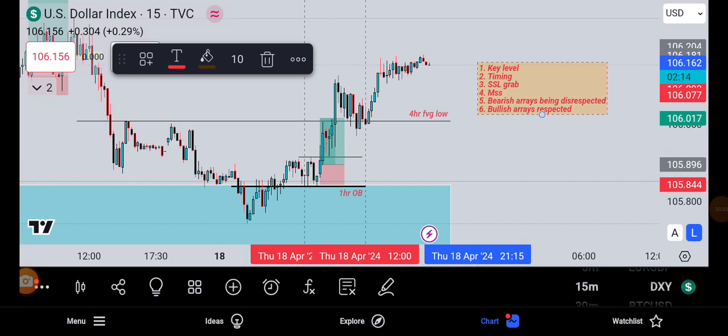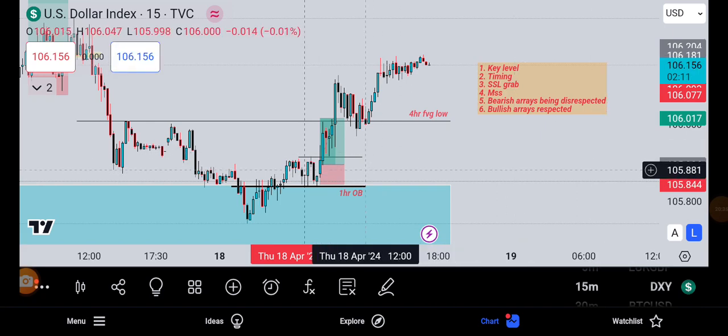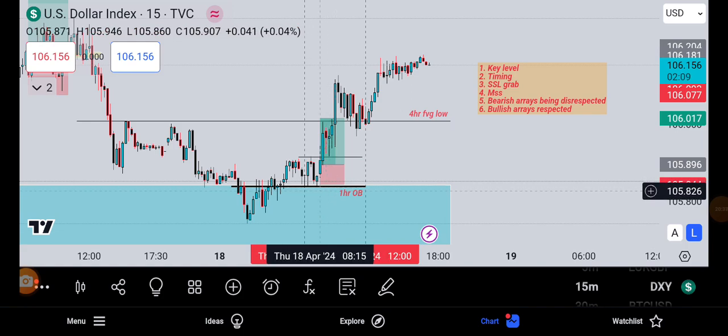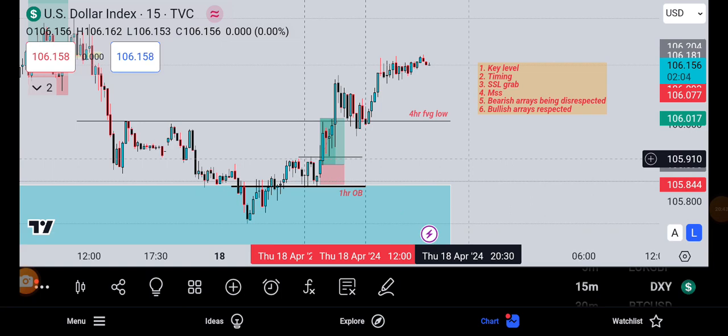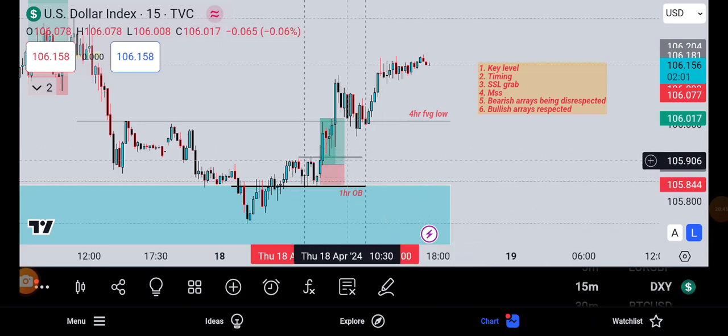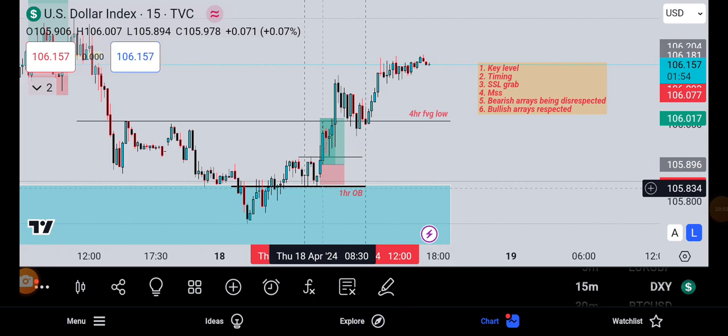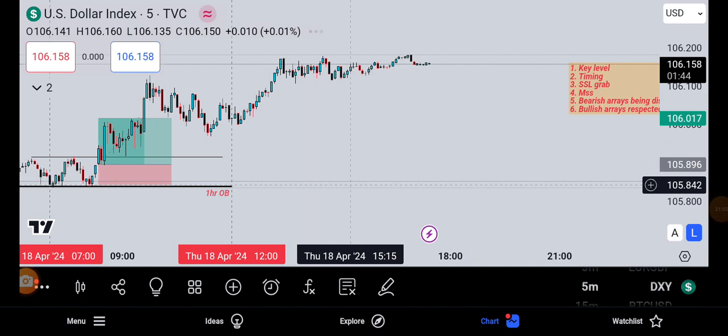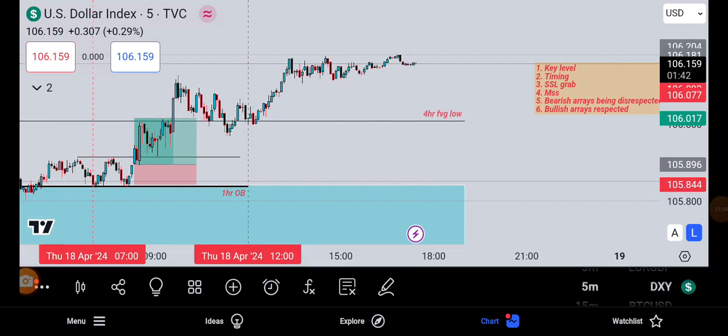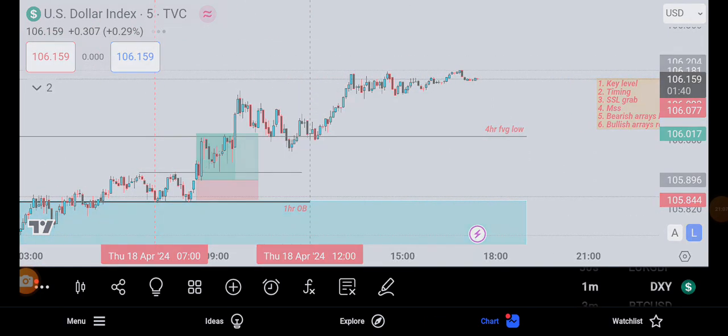For instance, at this trade I took, I was watching the price action from this 1 hour order block, because maybe someone who could be using the 1 hour time frame as the higher time frame would go to trade inside the 1 minute time frame, and maybe would have used this 1 hour order block as the key level, and then look for a clear market maker sell model inside that 1 minute.